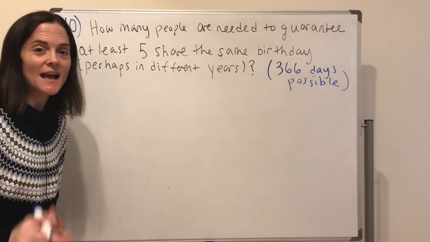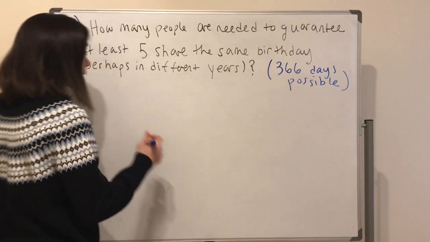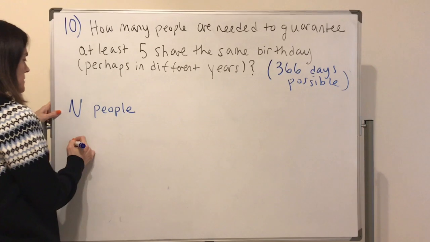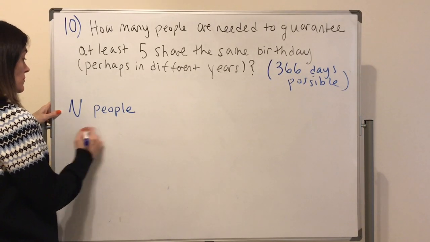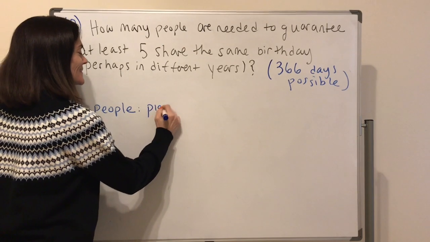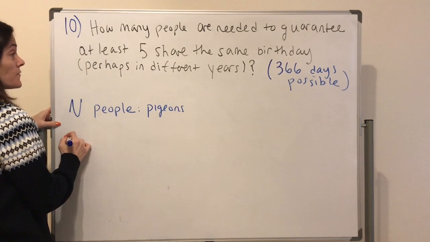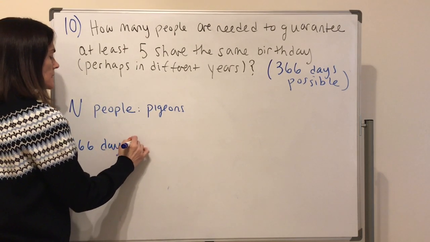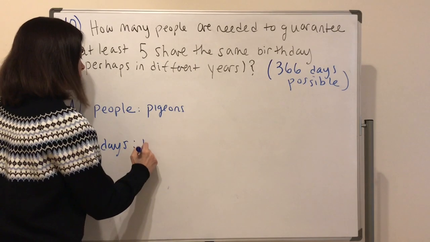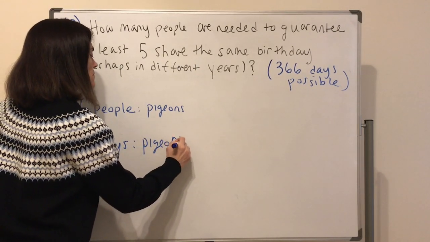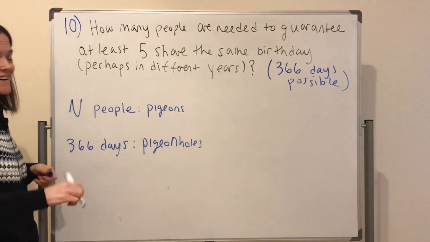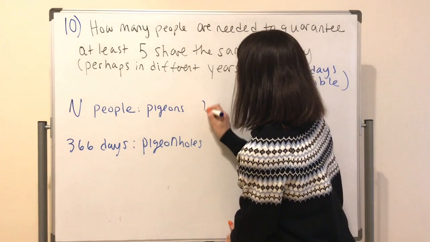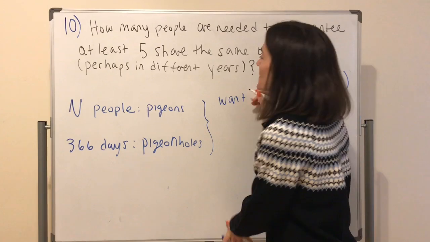This is the generalized pigeonhole principle. And so let me just write a little bit about it. If capital N is our number of people, this would be our pigeons. And then if we have 366 days, this would be our pigeonholes. What we want here is to find capital N, and we want the smallest one.